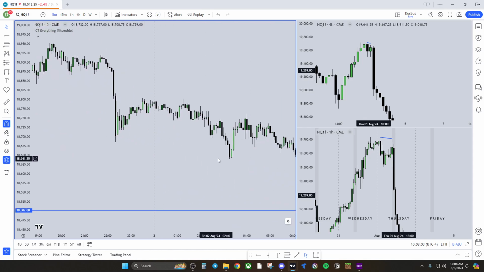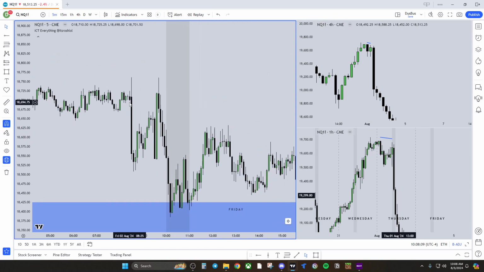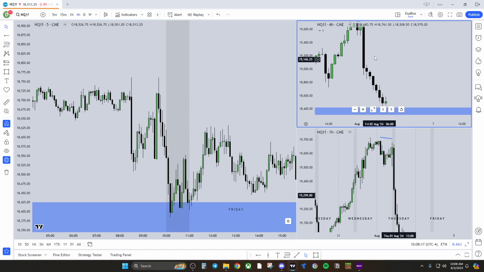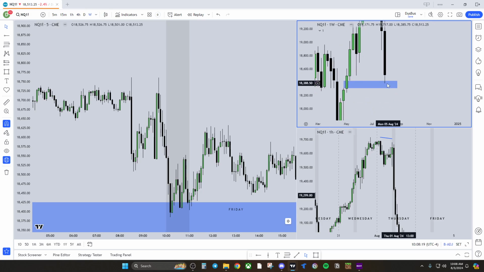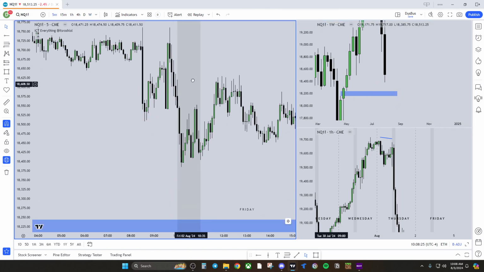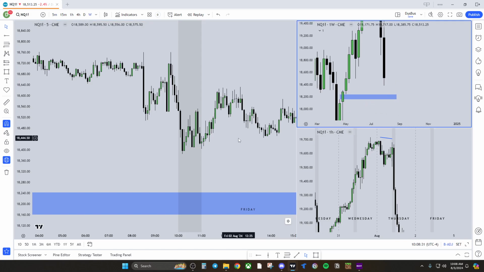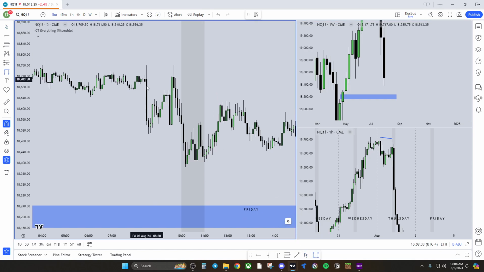Take you into NFP. This is why I love the Silver Bullet. So we had news at 8:30. Everyone is trying to figure out what it wants to do. So if I go back to the weekly, take you to this lower inefficiency. Everyone's probably looking at this inefficiency at this point. At 8:30, most people probably shorted right here, looking for that, which didn't get hit.